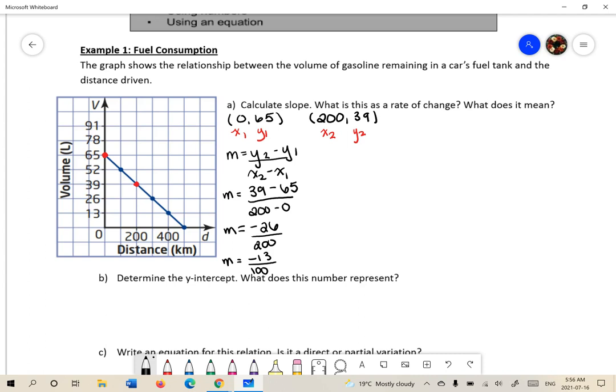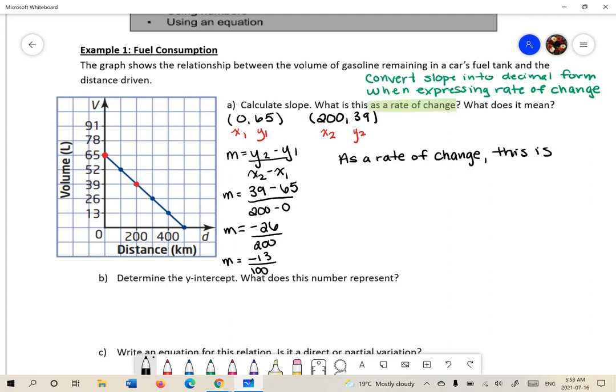The second part of part A asks us, what is this as a rate of change? Remember, the rate of change is slope in decimal form with units. Using my calculator, I'm going to type -13 divided by 100, which is equal to negative 0.13.